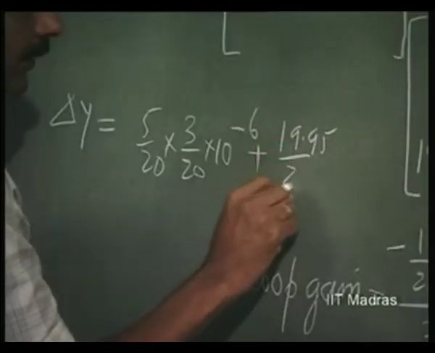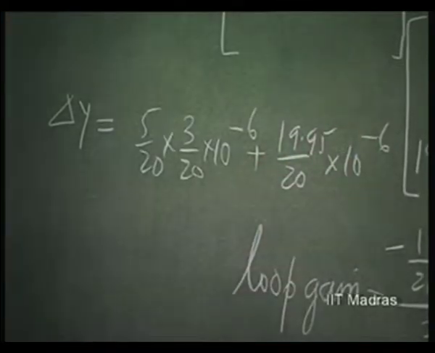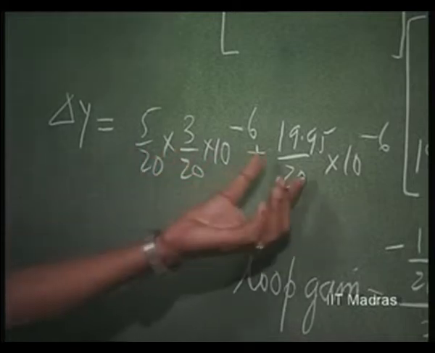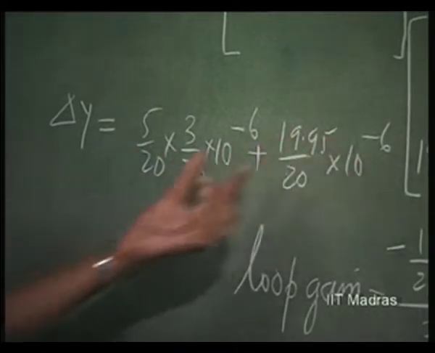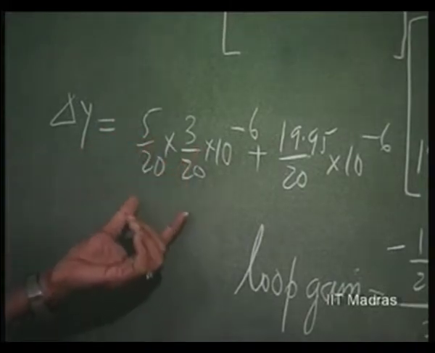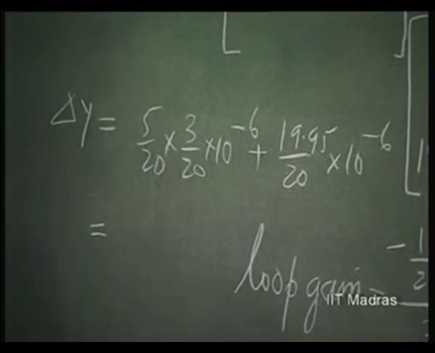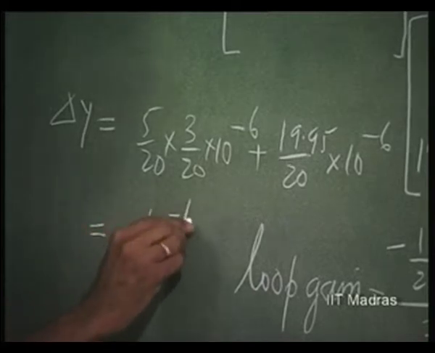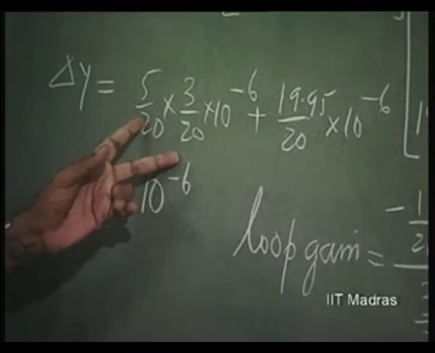19.95 by 20 into 10 to the power minus 6. So, basically effectively this one is very nearly 1 into 10 to the power minus 6, and this will be 15 divided by 400 into 10 to the power minus 6, because this adds on to this.